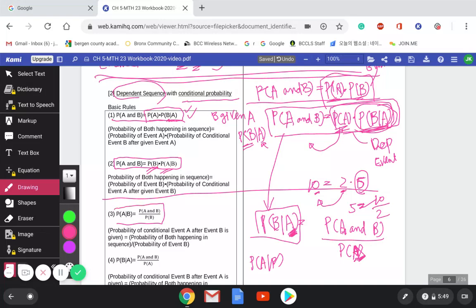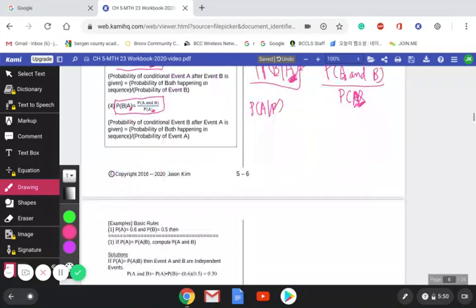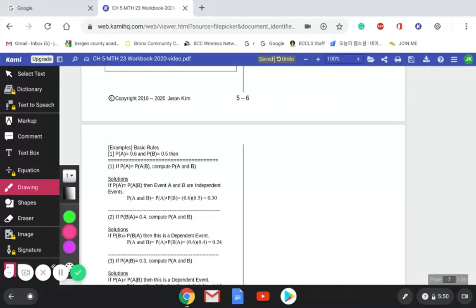So now let's look at a few more examples. Now basic rules here. Let's say probability of A is 0.6 and probability of B is 0.5. If probability of A is equal to probability of A given B, that's another way of saying that they are independent.